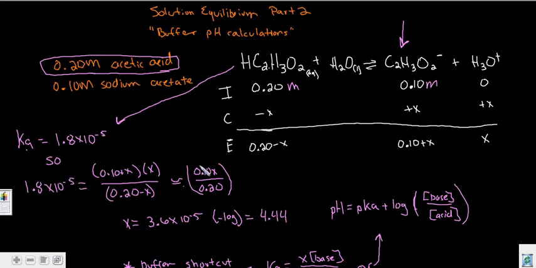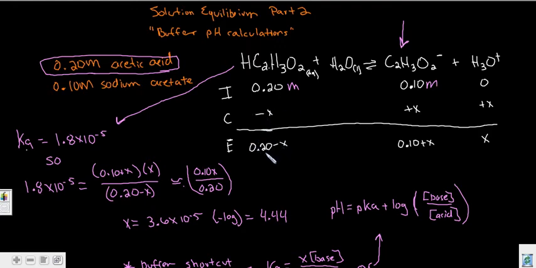So that means, according to our ICE table, because we know that the Ka equals the concentration of the products divided by the concentration of the reactants, 1.8 times 10 to the negative fifth equals, here are my two products, 0.10 plus x times x, divided by 0.20 minus x.